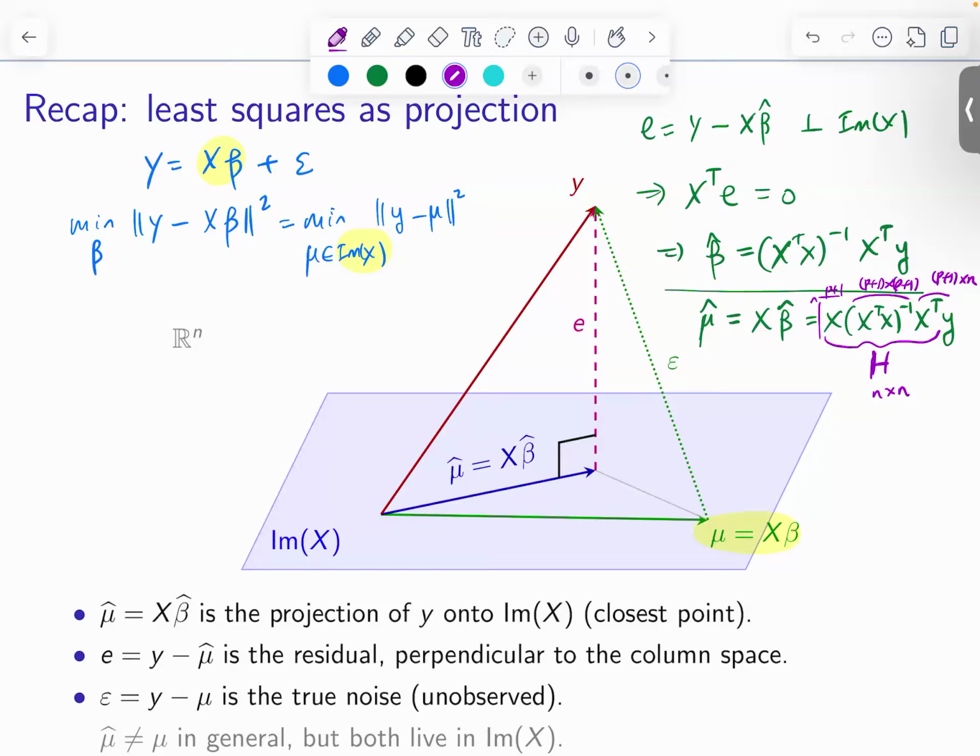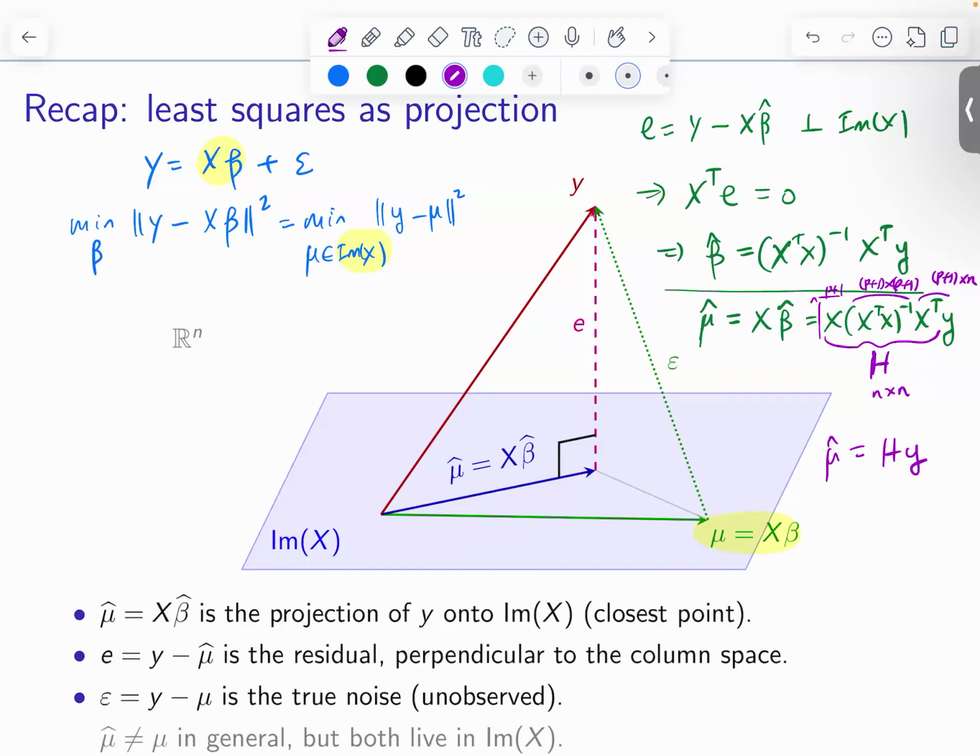So if you remember a matrix, you view it as an operator. It maps vectors in R^n to vectors in R^n. So this particular one has this geometric interpretation. It takes a vector y and maps it to the projection of y onto the image. Okay, it has a very nice action.